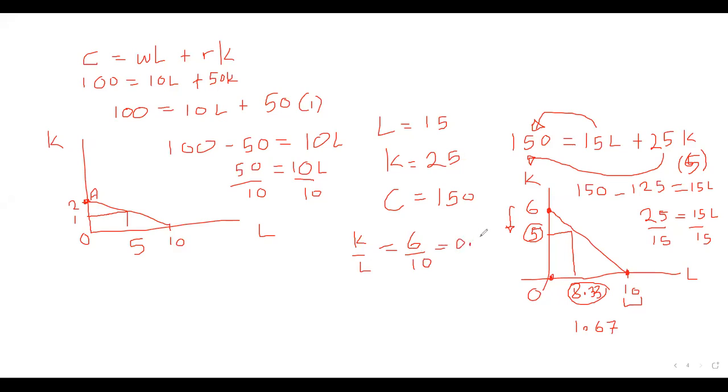This is called the marginal rate of substitution of capital for labor. So it means for every 1 unit of labor, we are substituting 0.6 units of capital. That is how we can interpret that.